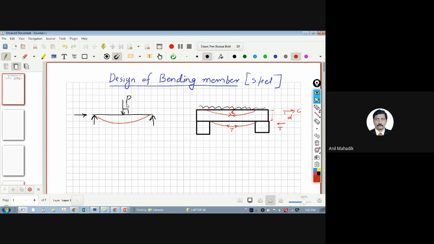Generally it happens if the load is like this. If I ask you, let's say this is your column. Can we say the column is a bending member? Let's say if this is the only load in the column, can you say this is a bending member?